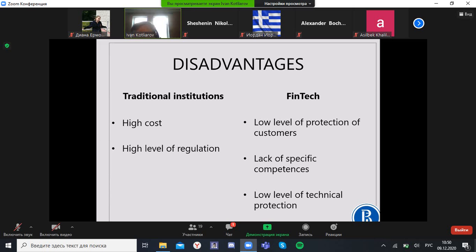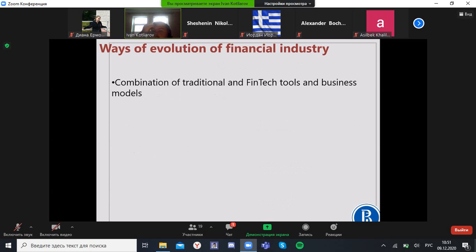These disadvantages of fintech and traditional institutions, as well as advantages, clearly demonstrate that fintech companies, digital finance companies, and traditional institutions should coexist because they can combine the advantages and they can eliminate, at least partially, the disadvantages. It is exactly what we said, guys. The main way of development of financial industry is the combination of traditional and fintech tools and business models.